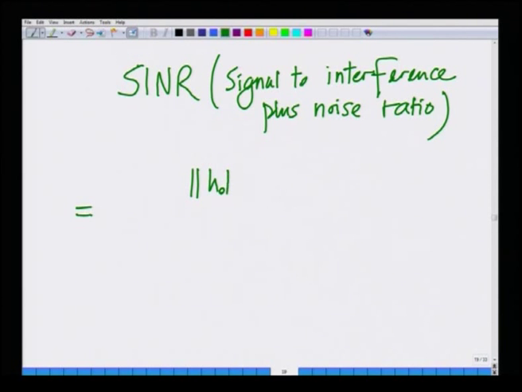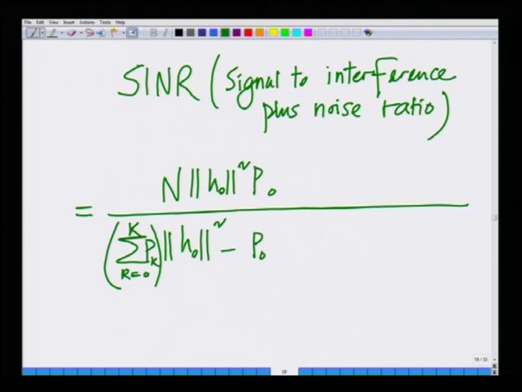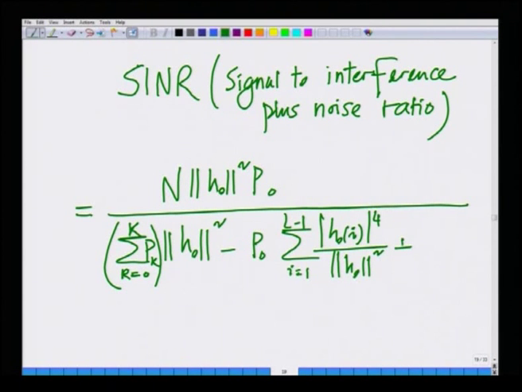norm H naught square P 0 into n, this is the spreading gain, divided by summation k equals 0 to capital K P k, sorry, summation k equals 0 to K P k magnitude H naught square minus P naught summation I equals 0 to L minus 1 magnitude H naught I to the power of 4 divided by magnitude H naught square plus sigma n square.